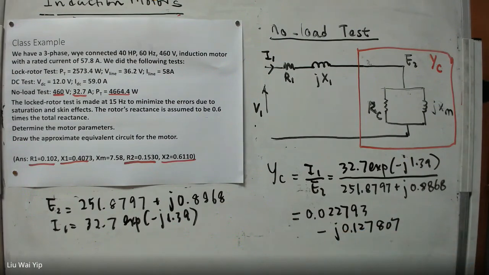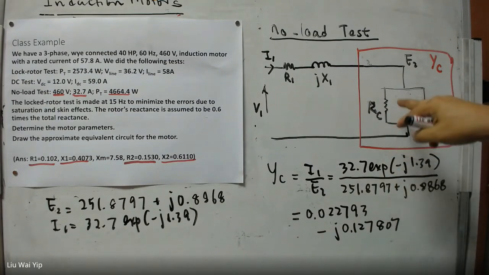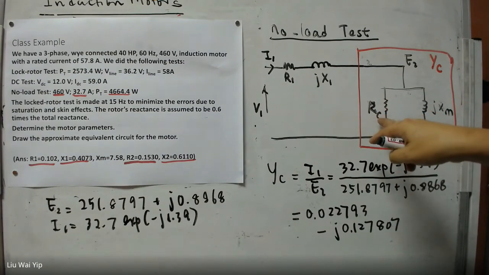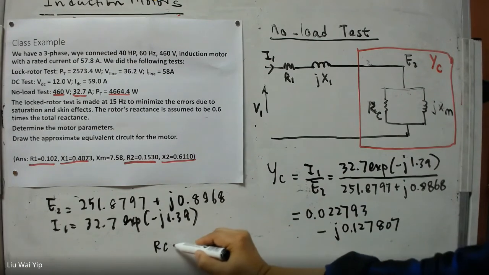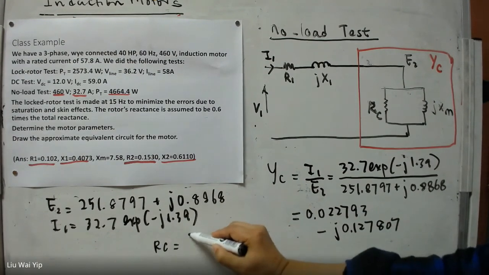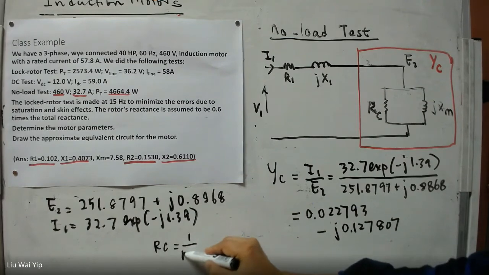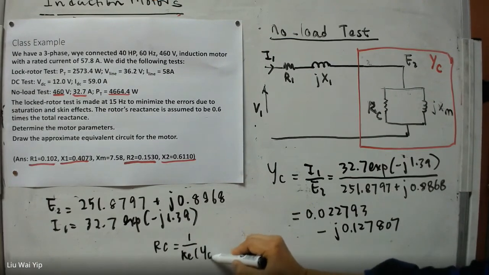And I have already told you before, the real part will be able to yield the RC. RC is 1 over the real part of YC.